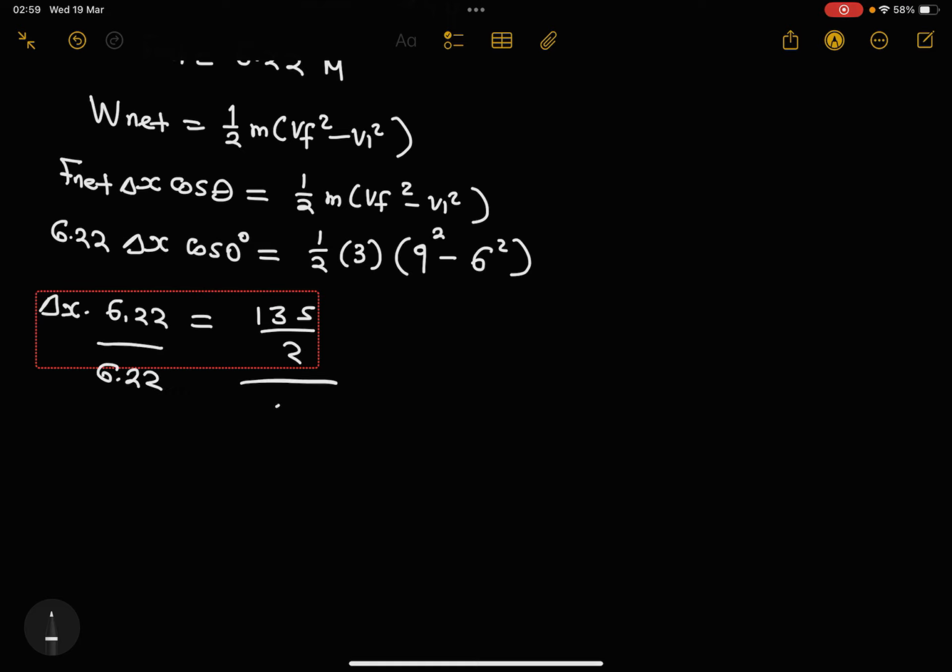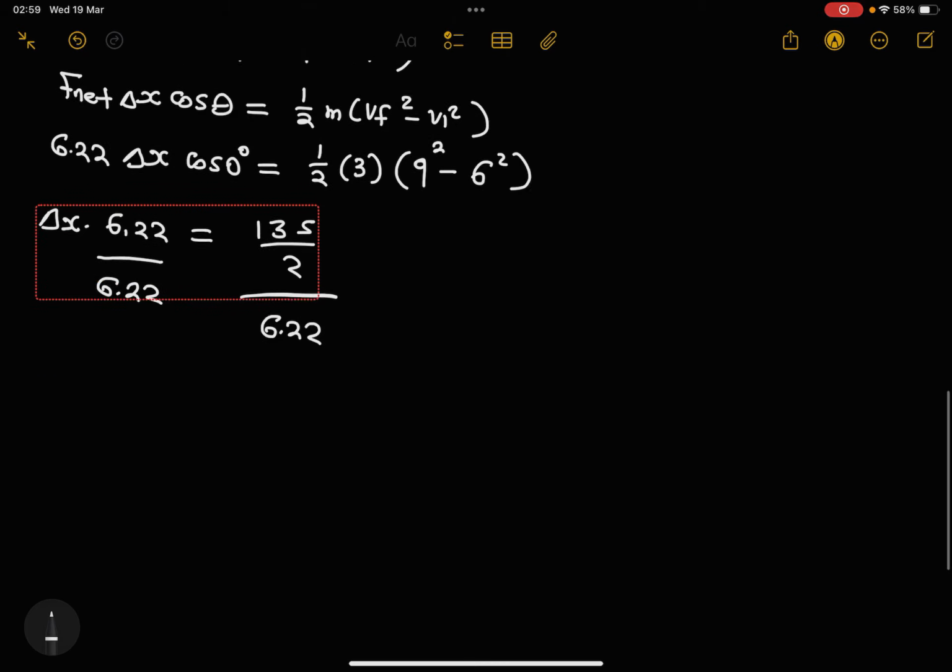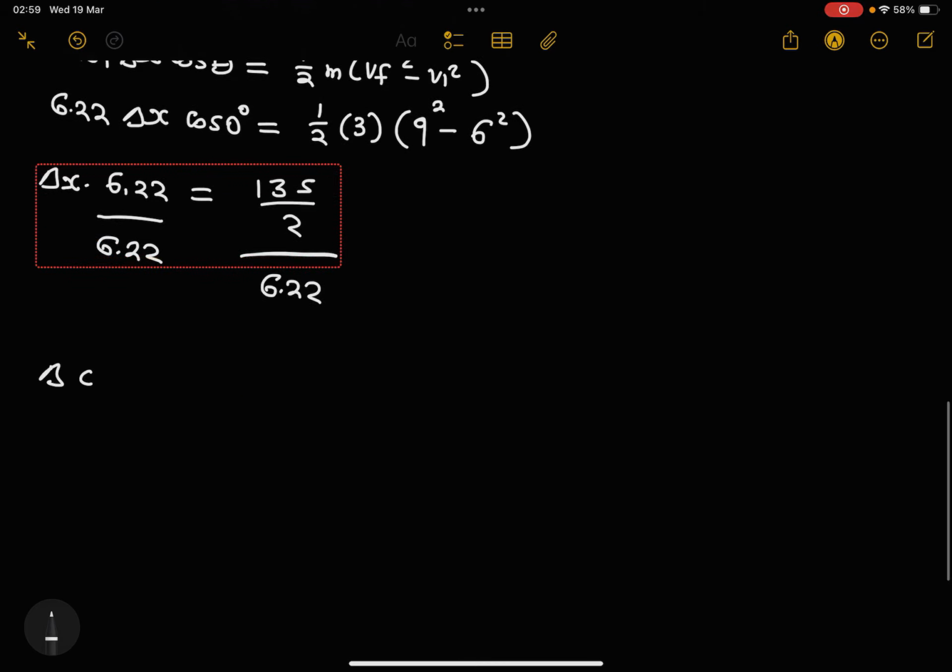So the change in x is going to equal 135 divided by 2 divided by 6.22. And the answer that I get, oh, this is crazy, it is 419.85 meters. Yeah, this answer is so wrong.